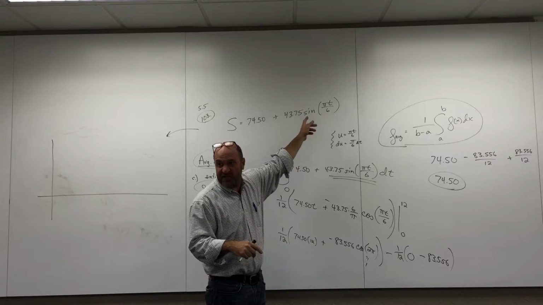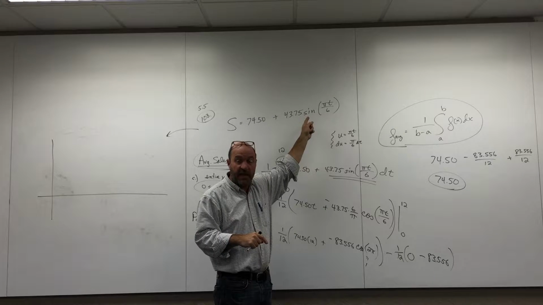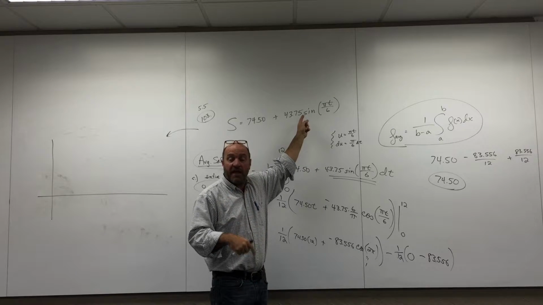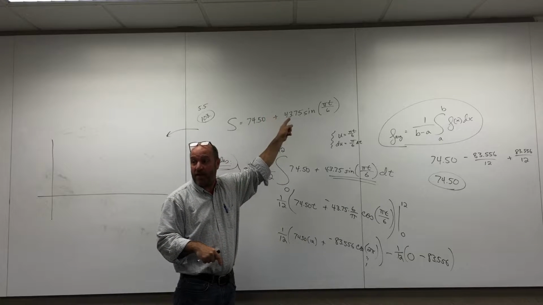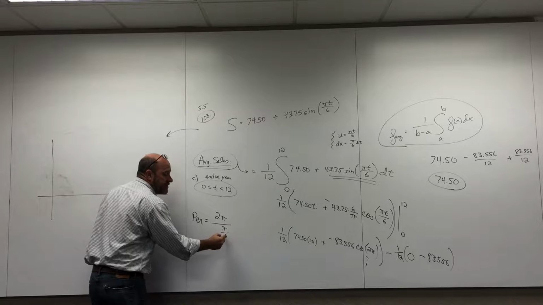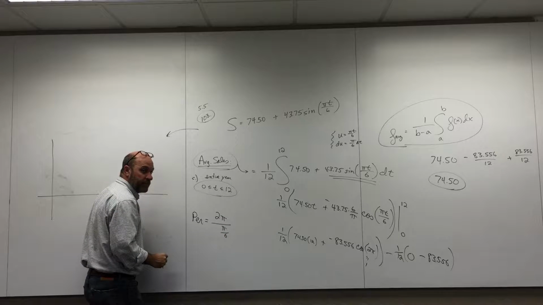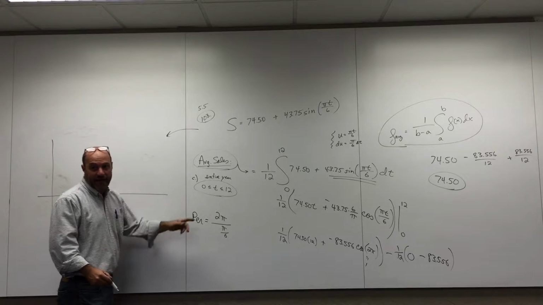But with that pi over 6, the period has been shrunk, or the pi over 6 has altered the period. The way you calculate the new period is you take the old period, 2 pi, and divide by that number, pi over 6. So 2 pi divided by pi over 6 is the period of a trig function: the old period divided by that number.